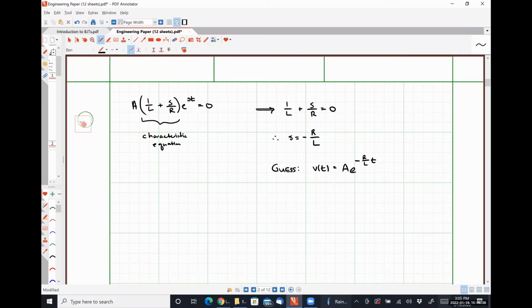And so now we need to figure out how to determine that coefficient A. Well, if we evaluate, let's say, V at t is equal to 0, we would have A e to the negative R over L times 0. What's e to the negative R over L times 0? Exactly 1, which means our coefficient A is just the initial condition on our system.